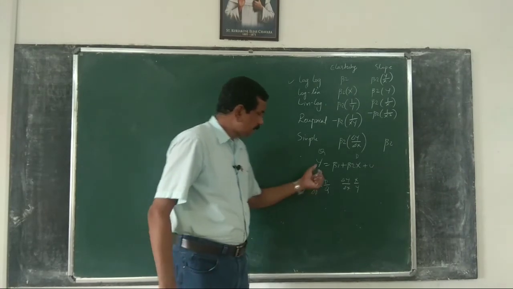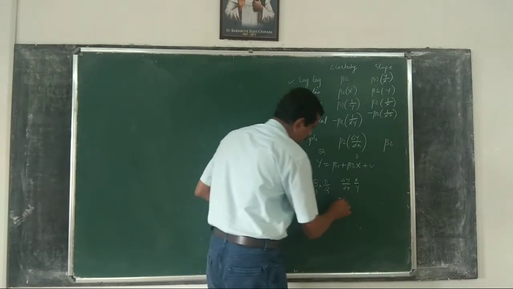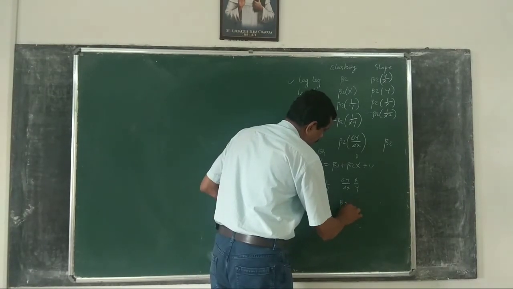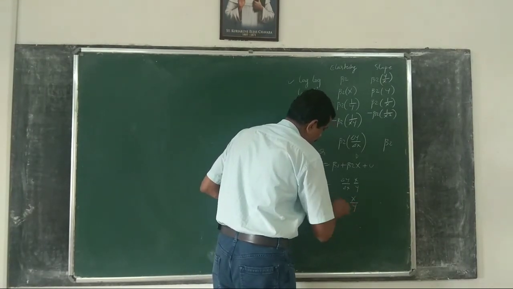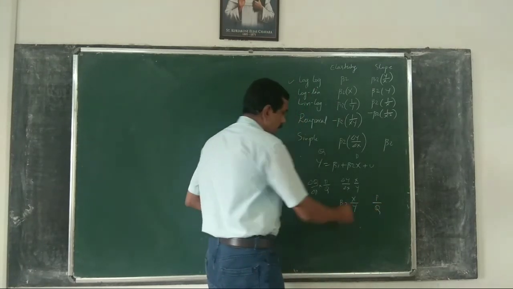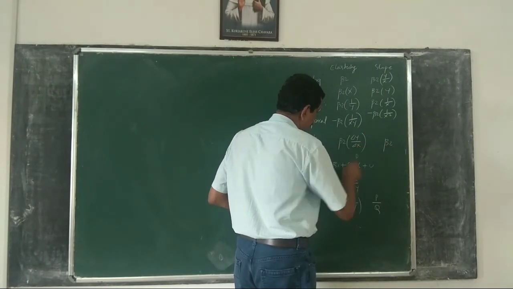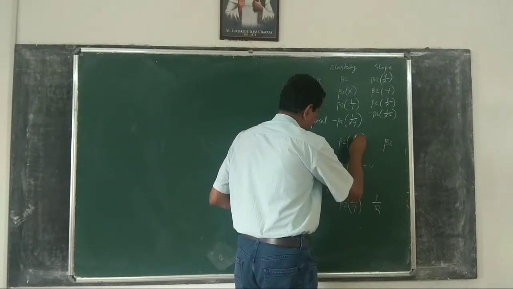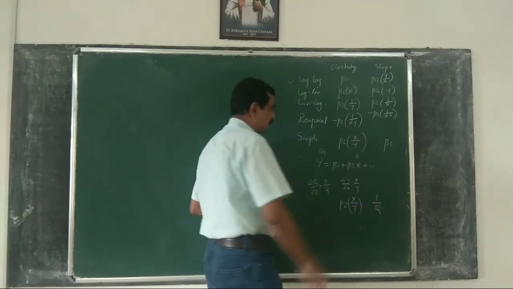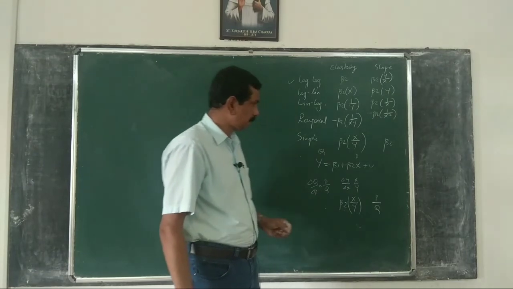Now, if you are estimating a linear equation, then elasticity can be calculated as beta 2 into x by y, where x is price and y is quantity, because beta 2 is delta y by delta x.